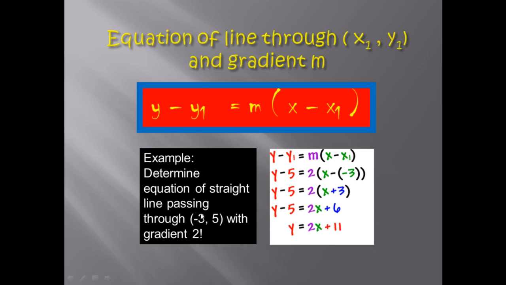A point consists of x1 negative 3 and then y1 is 5. The gradient m is 2. Substitute into the formula, we can write y minus 5 equals 2 times x minus negative 3. So the answer is the equation of line is y equal 2x plus 11.